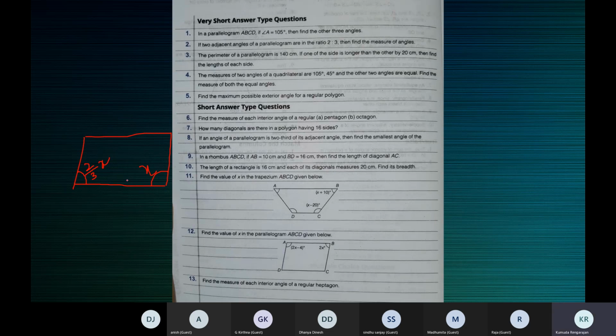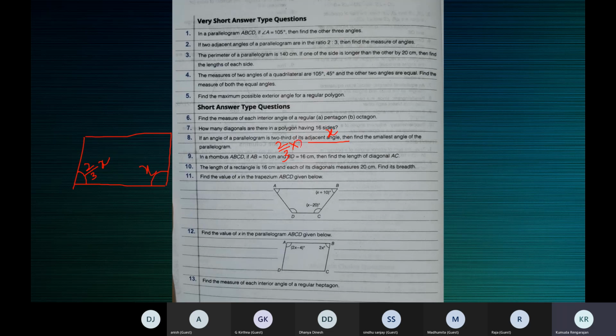If an angle of a parallelogram is 2/3 of its adjacent angle, then 2/3 means 2/3, of means into, its adjacent angle.